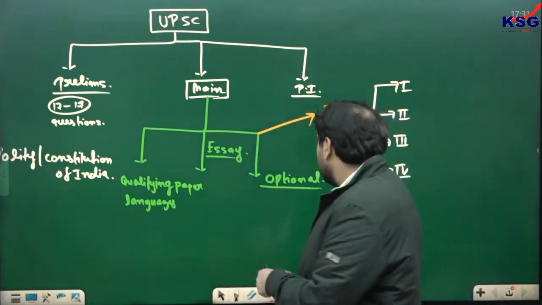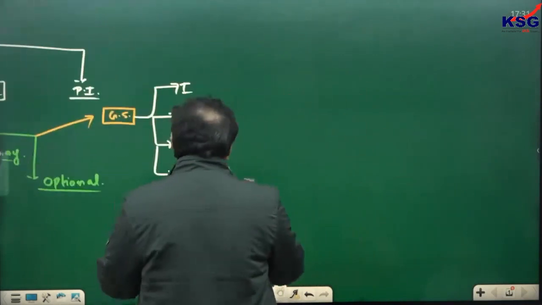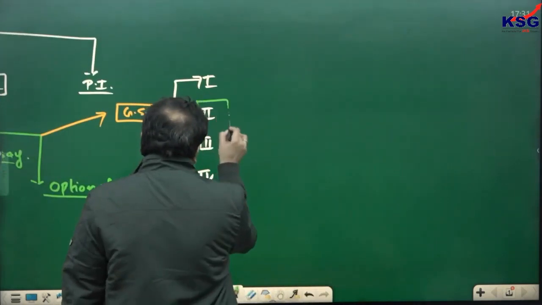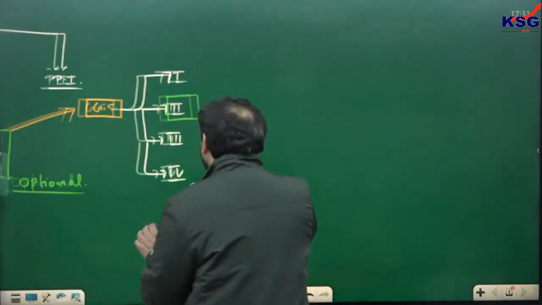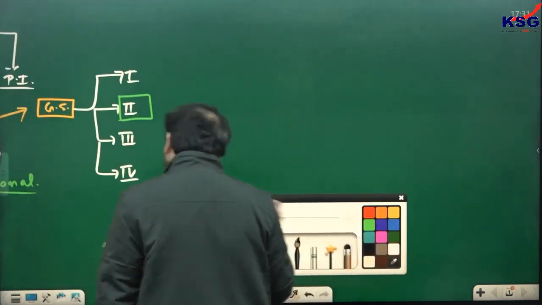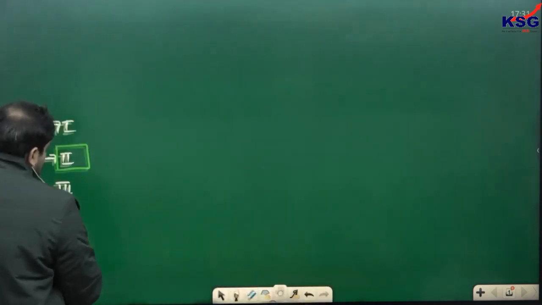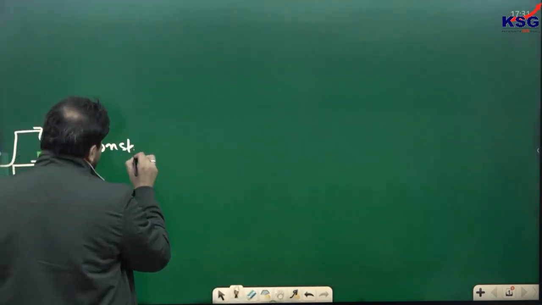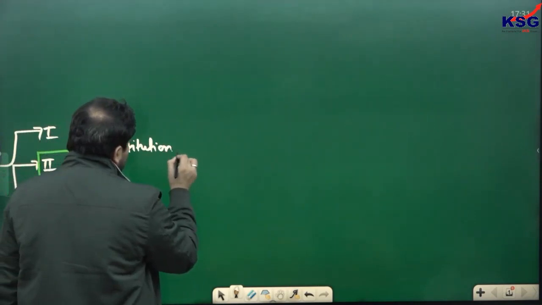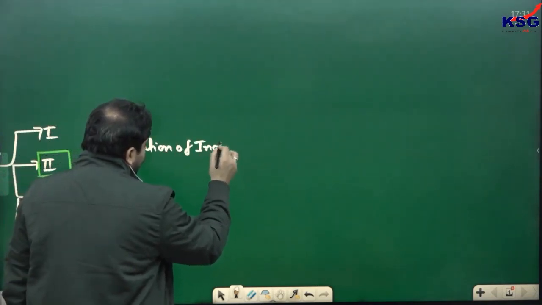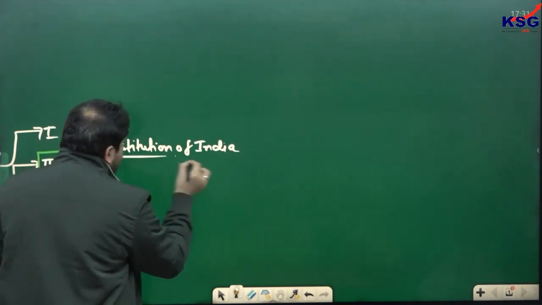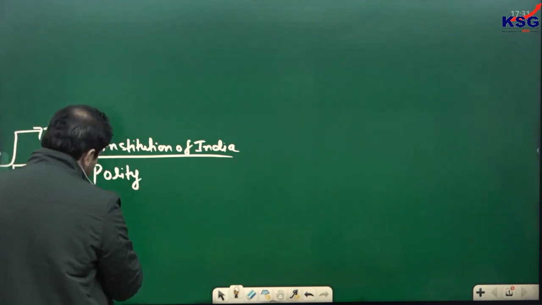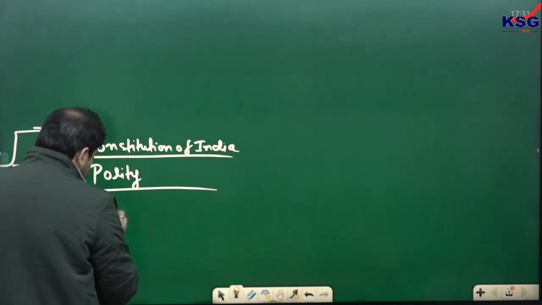Now, if you take a look at, for example, the general studies paper number 2, the general studies paper number 2 has the following subjects. Let me point out the subjects which are mentioned over here. It talks about what is known as the Constitution of India. It talks about what is known as polity. It talks about governance.